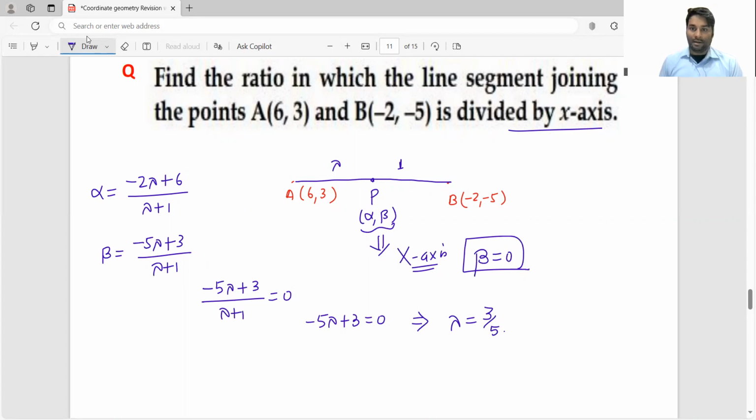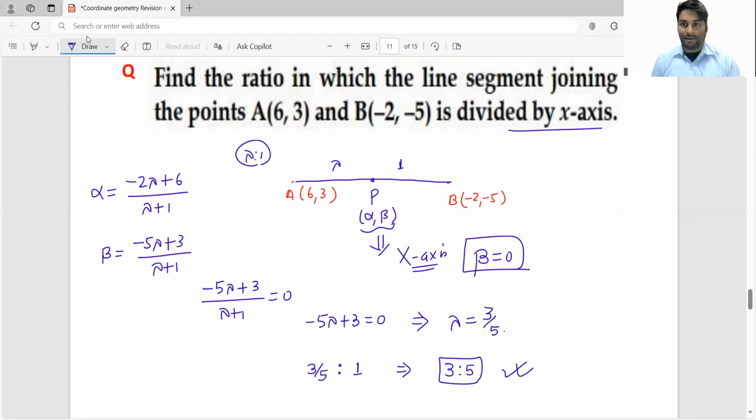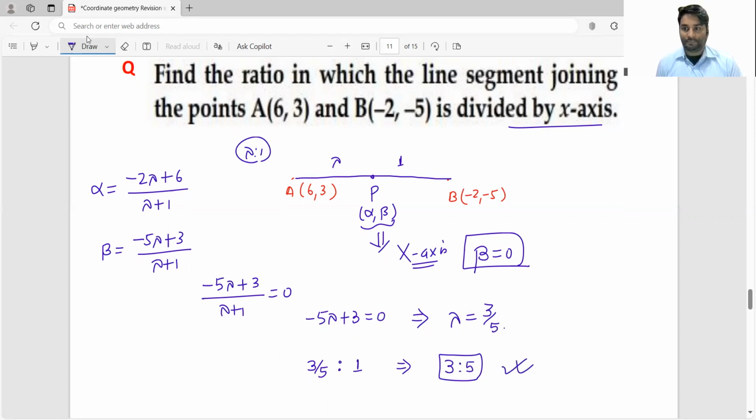We had assumed that the x-axis divides in lambda is to 1. So what will be the ratio? 3 by 5 is to 1. This means we can write 3 is to 5. So this will be the required ratio.